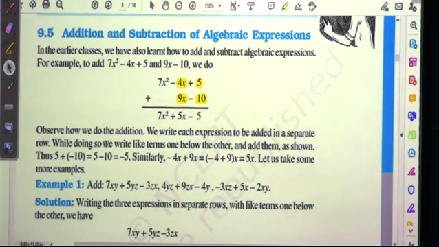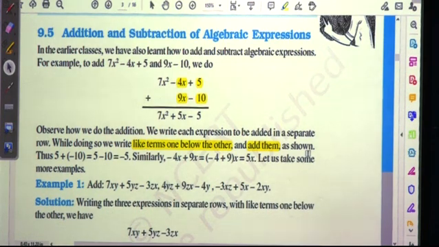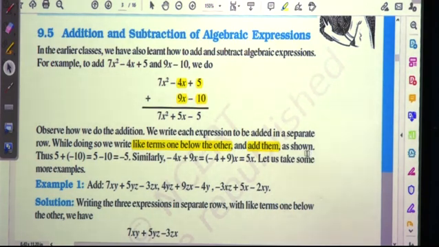While doing so, we write like terms one below the other and add them. Always the like terms are added or subtracted, whatever it may be.